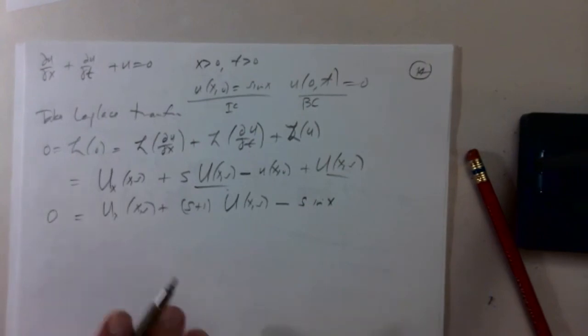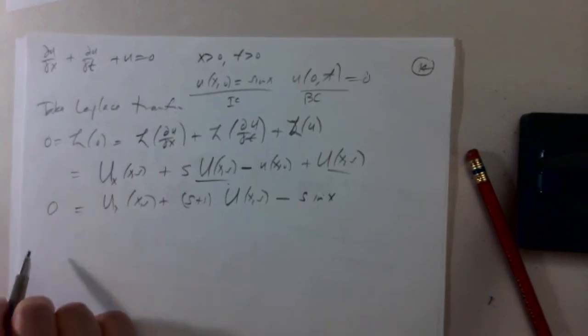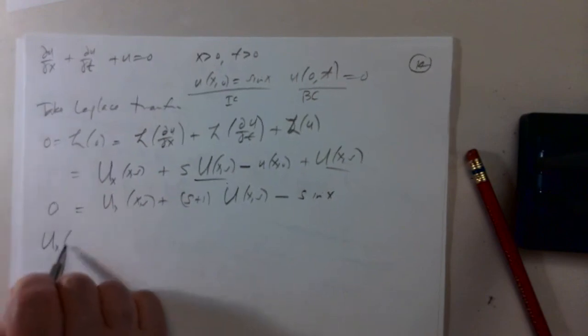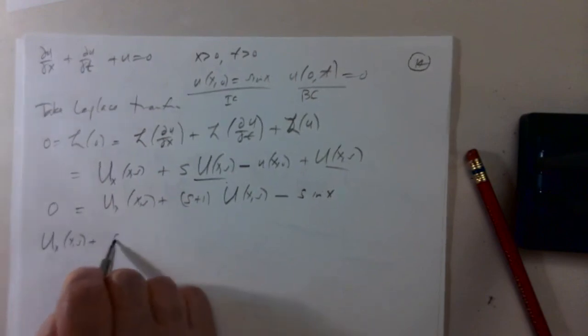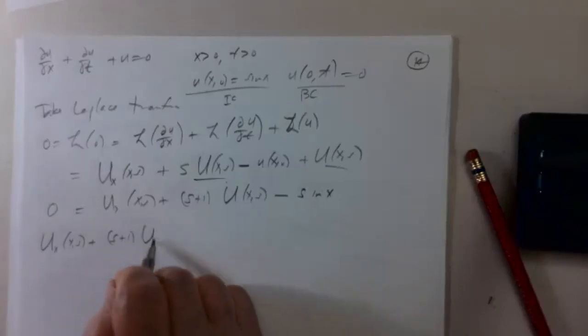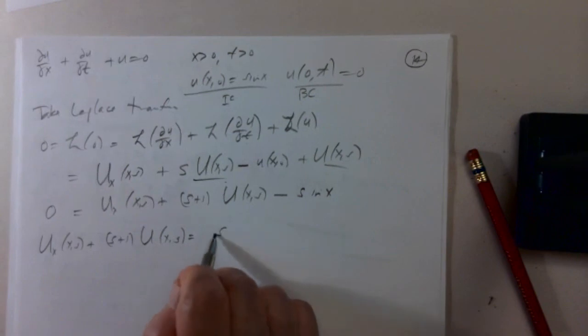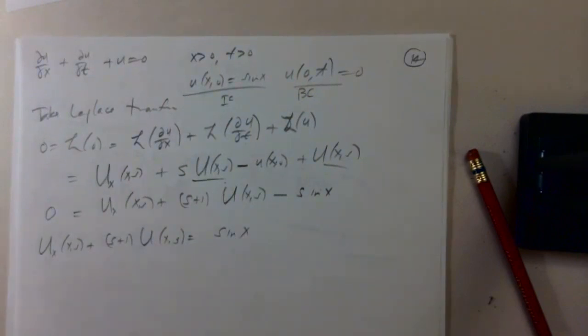So we have a first order differential equation in x, U sub x of x,s plus (s plus 1) U(x,s) equals sine of x. So this is a non-homogeneous equation.